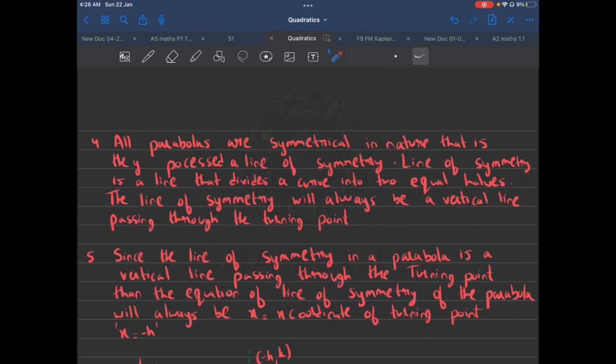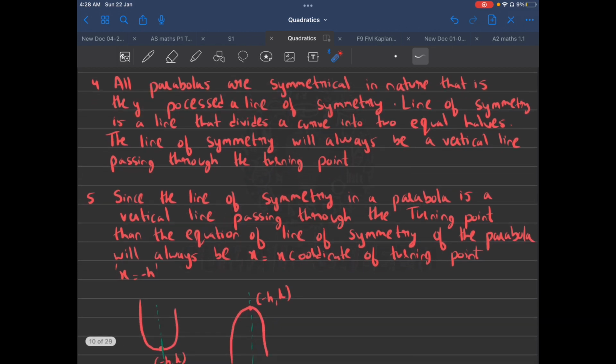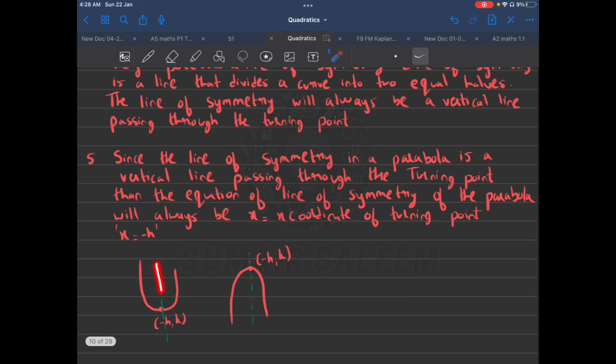All parabolas are symmetrical in nature. That is, they possess a line of symmetry. Line of symmetry is a line that divides a curve into two equal halves, as you can see here and here. So guys, during your childhood, you have been told the equation of a vertical line. Let's suppose 3. So the vertical line equation will be x equal to 3.